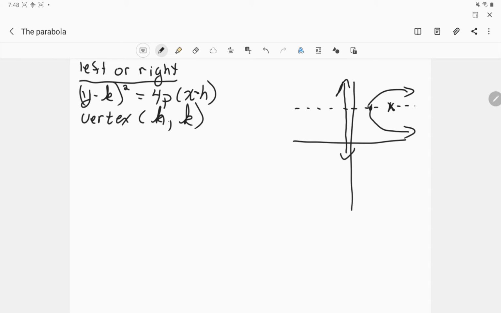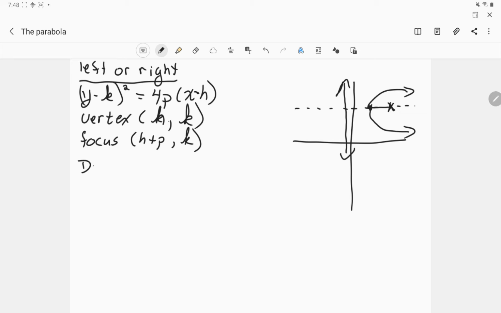P is still the distance from the vertex to the focus point. But now to get from your vertex to your focus point, you have to move horizontally, so that's going to affect your x values. So your focus point is going to be (h plus p, k).